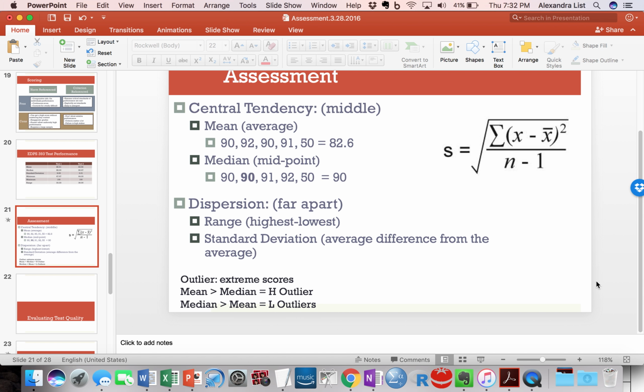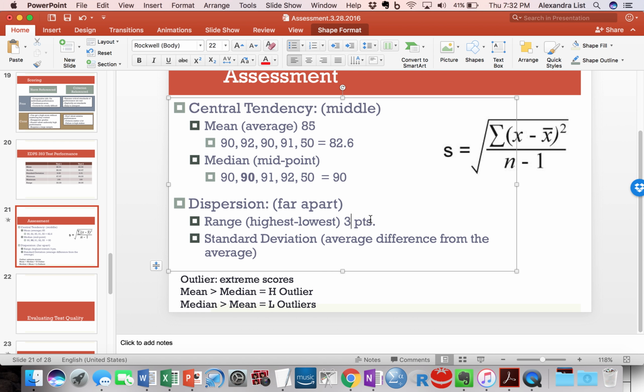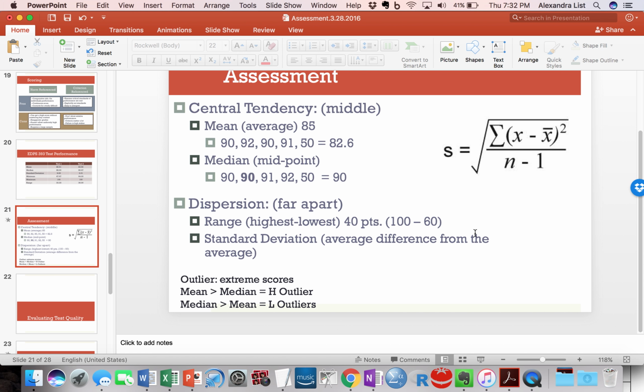So if I have an 85 as the mean for my class, and I have a range of, let's say, 30 points, which means that students, let's make it a little bit bigger. Let's make it 40 points, which means that if it's a 100-point test, that students got between 100 and 60 points, a 100 and a 60 on the test. So already I'm a bit concerned because there's some students who are failing the test.